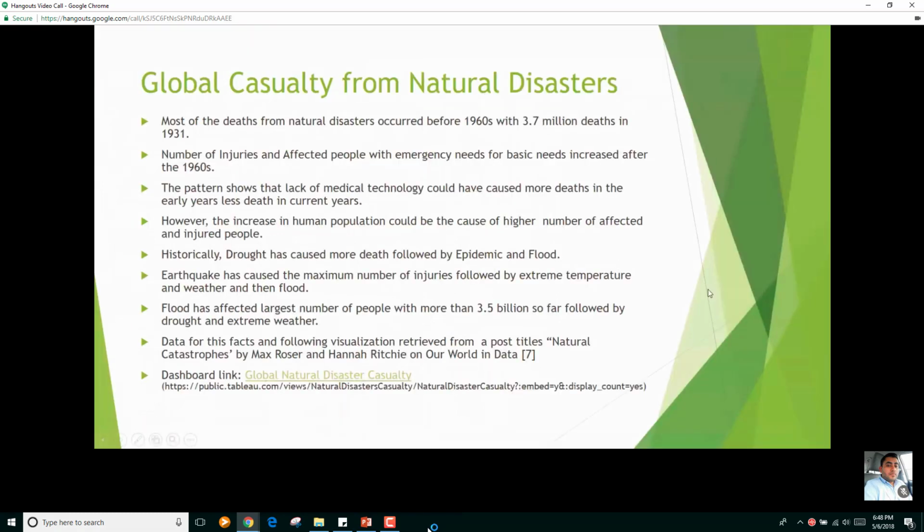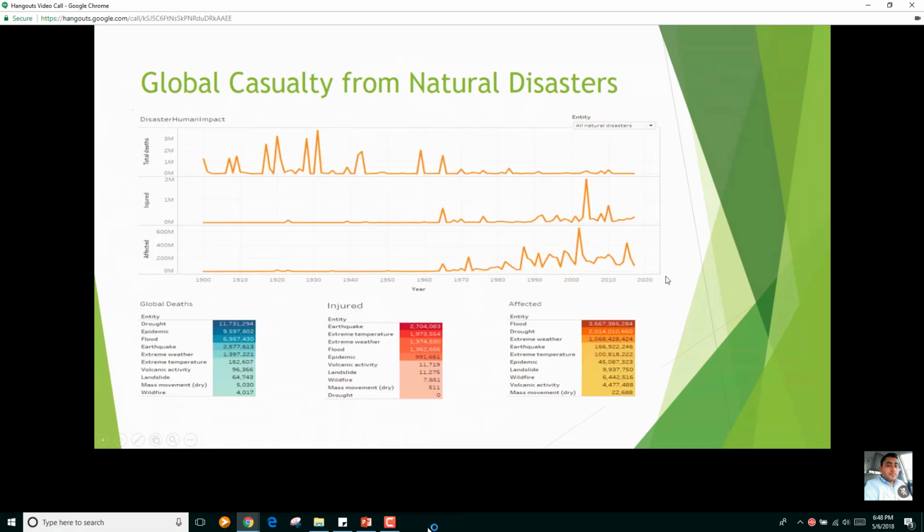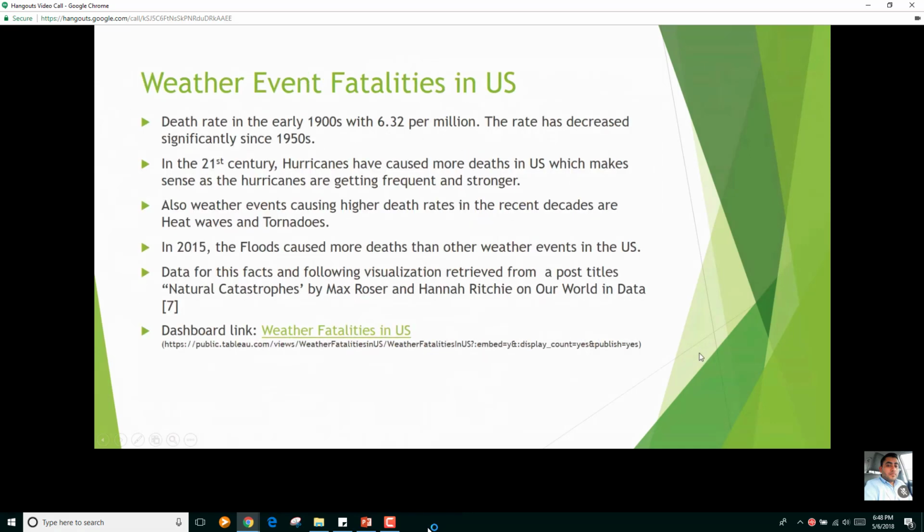Go back to the slides here. So yeah, this is pretty much what I'm talking about, the same visualization, the result we have. 3.5 billion being affected by the flood, and earthquake has caused the maximum number of injuries and things like that. Just a screenshot.